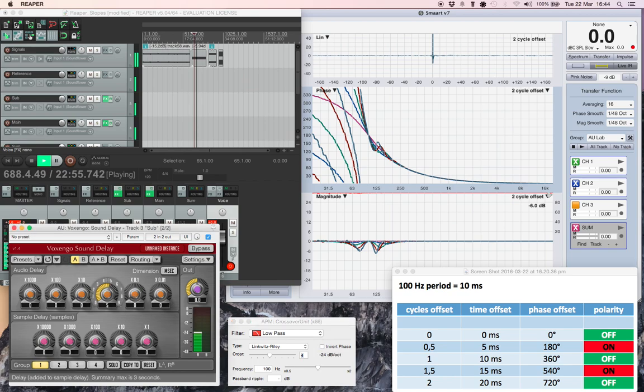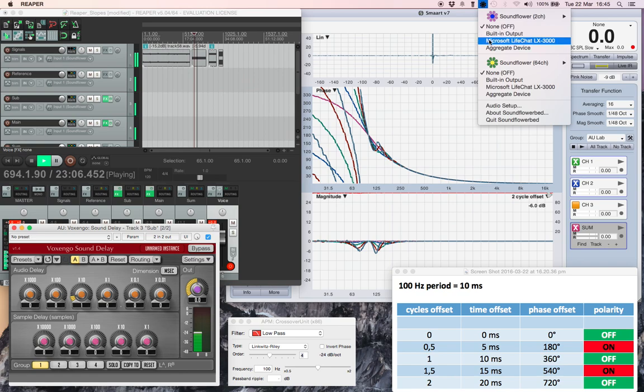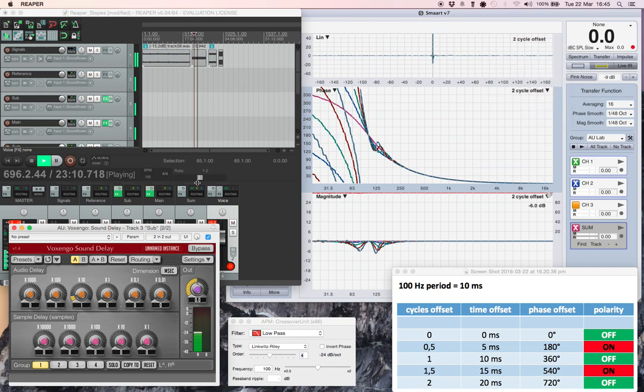Let's listen to cancellation, take out the 5 milliseconds and go to 1 cycle time offset. We are now 360 degrees apart, in phase, but 1 cycle out of time. And for those that are wondering, what I'm doing over here in the corner is listening to the recording, but there's a huge delay, so it's very distracting to listen to my own voice with the delay, but I'm just checking that everything works as planned.